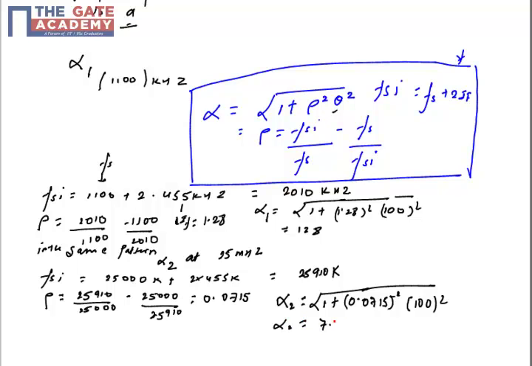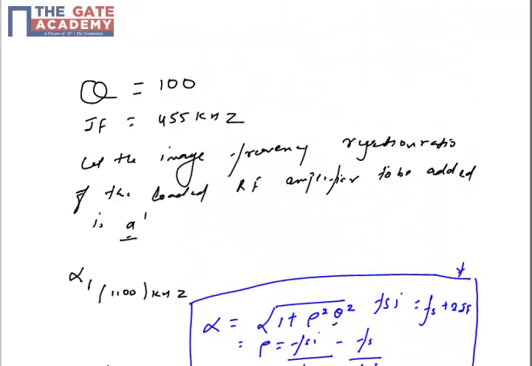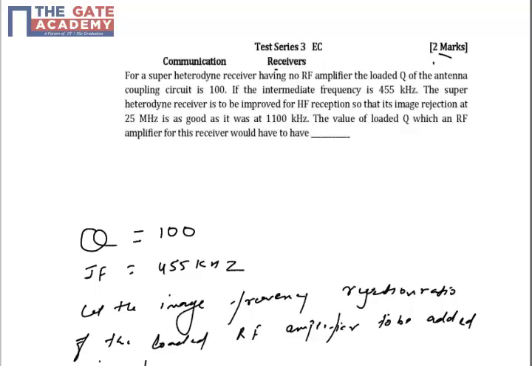Now, what is asked in the question? The question says that the superheterodyne receiver is to be improved for HF reception so that the image rejection at 25 megahertz is as good as at 1100 kilohertz.